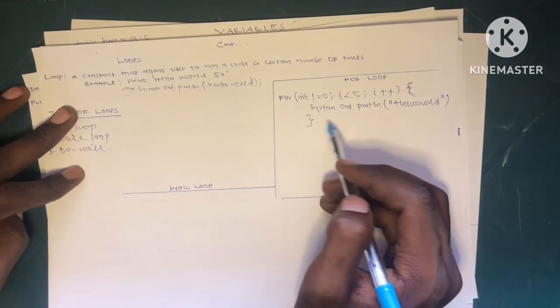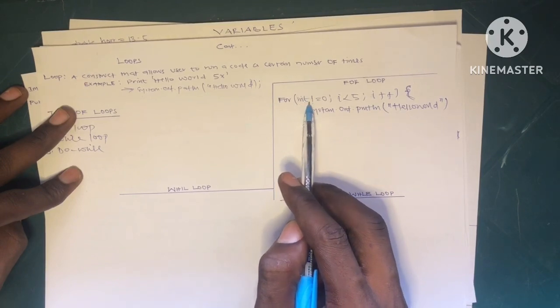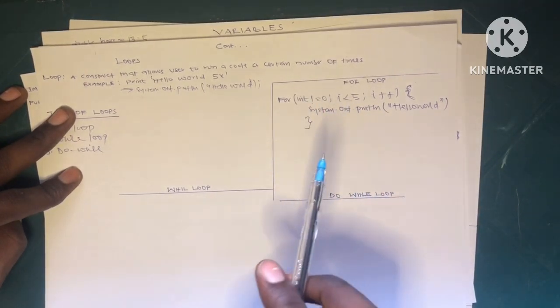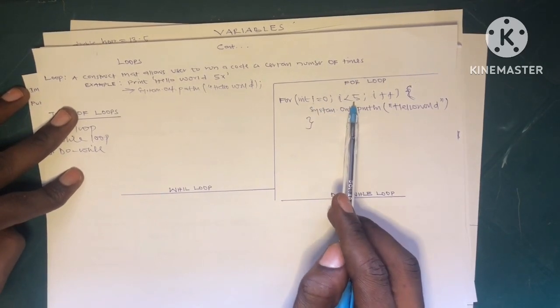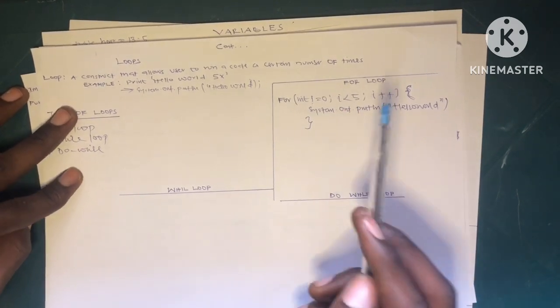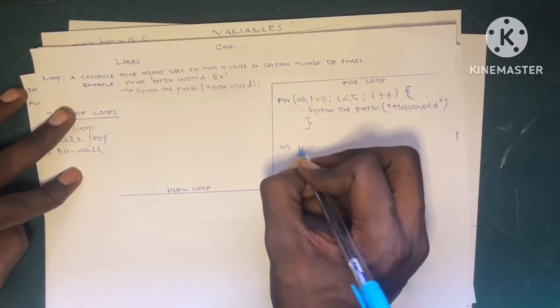Now let me describe how it works. First, you create a variable called i and assign the value 0 to it. So i is now equal to 0. Then you ask, is 0 less than 5? The answer is true, 0 is less than 5, so it will print hello world. This is the output: hello world.